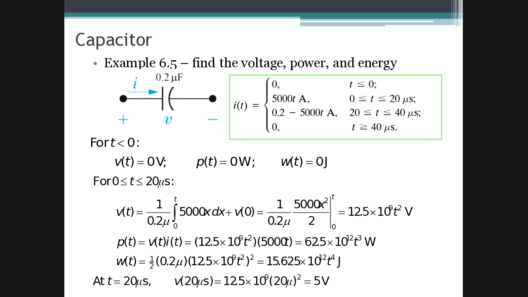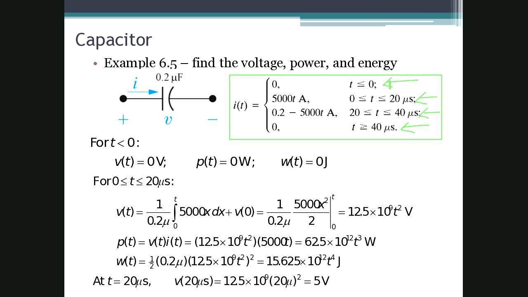But it gives us what's happening with current across this capacitor for time t less than or equal to 0, which is this term right there. For time between 0 and 20 microseconds, which is right here. Time between 20 and 40 microseconds, and then ultimately what's happening for t greater than 40 microseconds.